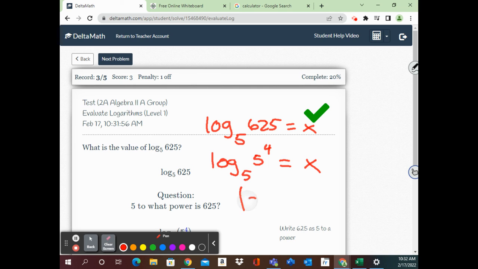Because the equation for logs is log base b of b to the x is equal to x. Essentially, all I'm doing is finding out what power the number is raised to by using the base. If I use the base, my b, and find out what power it is raised to, that is my answer. If you've got any questions, please let me know.